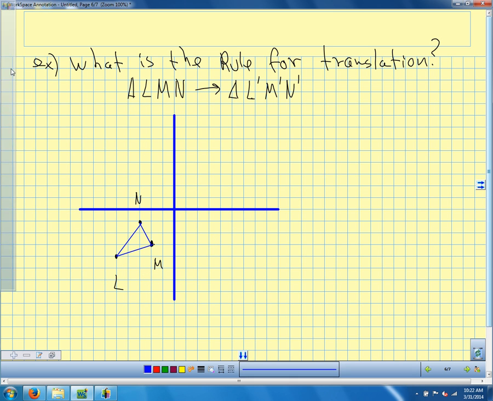And let's draw the L prime, M prime, N prime. There's L prime.